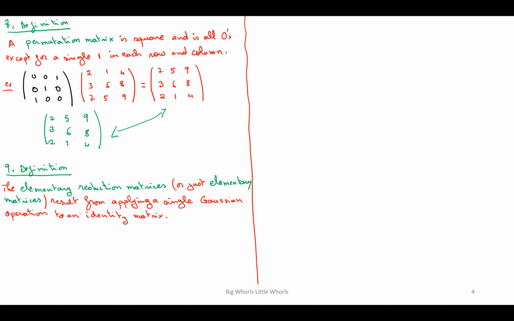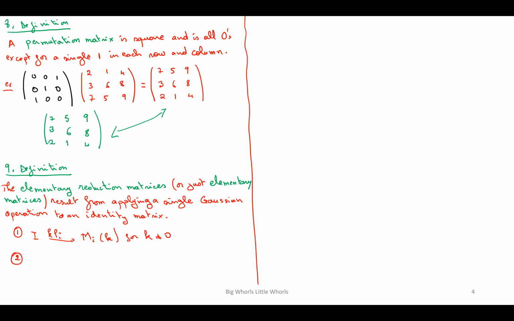Okay, so what does it say? Let's see clearly here. If you take an identity matrix and you multiply any row i by k, for k being different from 0, you will get a matrix we are going to call Mi(k).